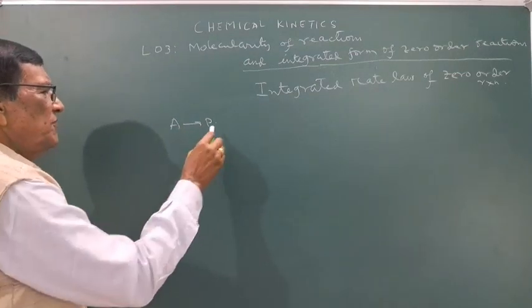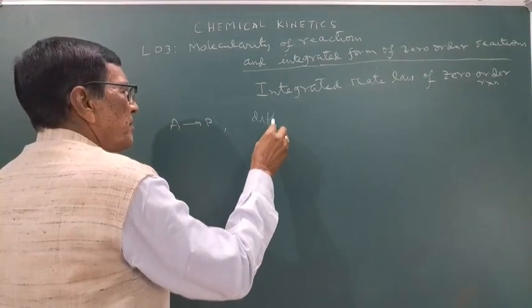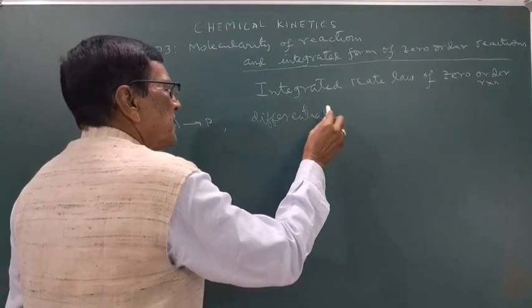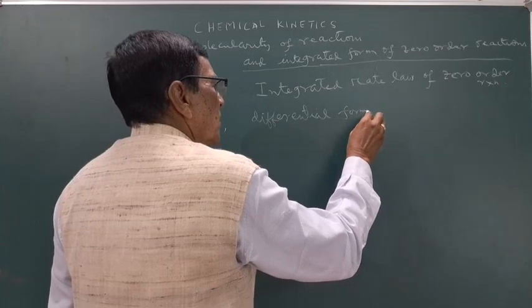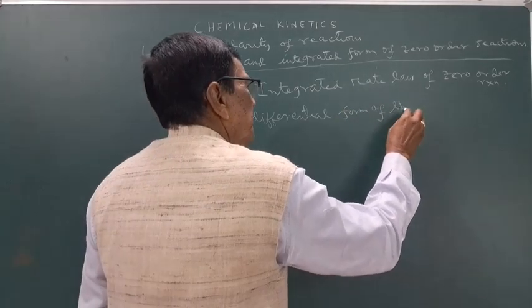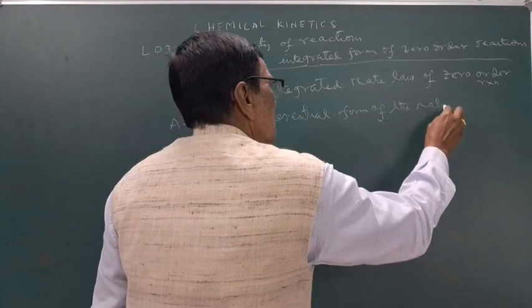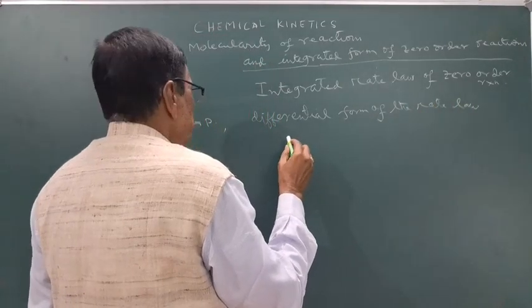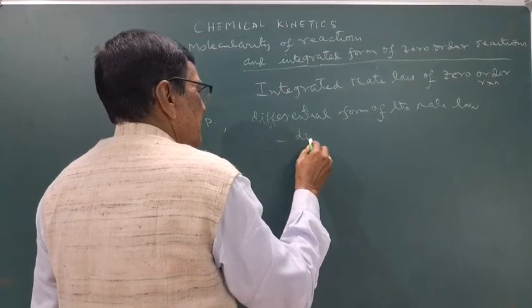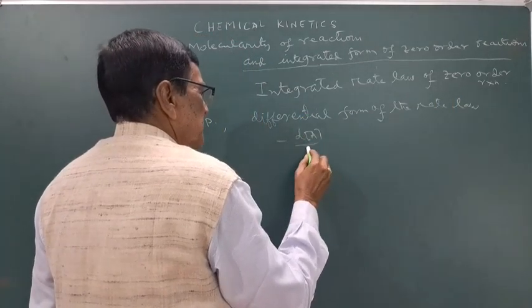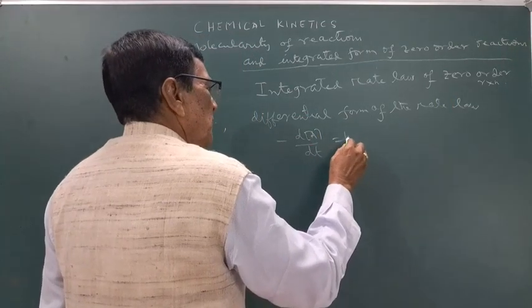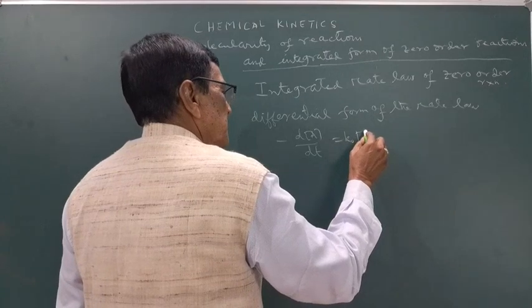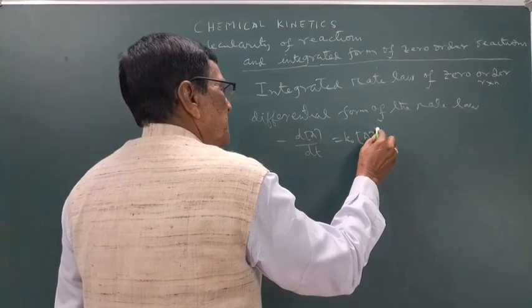So the differential form of the rate law is minus d[A]/dt equals K0 [A] to the power 0.